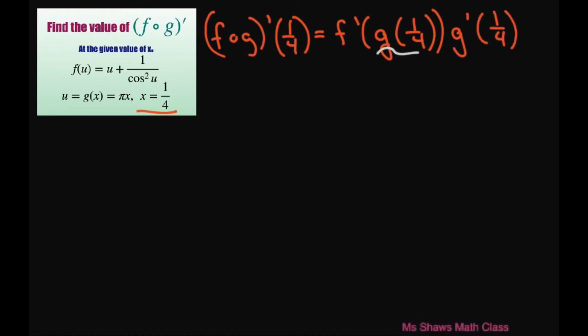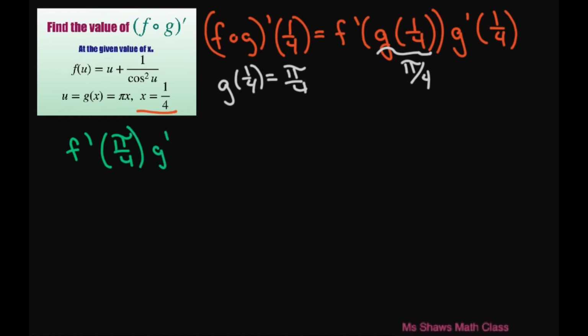Now g of 1/4, when you substitute it in, equals pi divided by 4. Now we have f prime of pi divided by 4 times g prime of 1/4. Let me write down again what our f prime of u was.